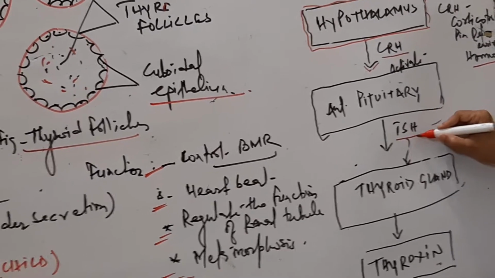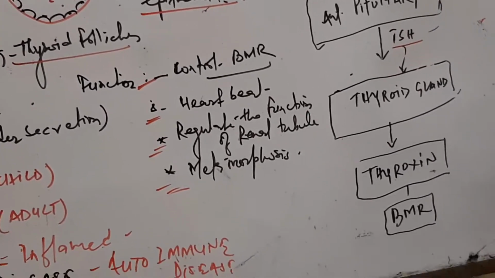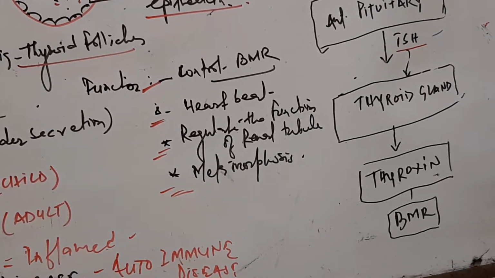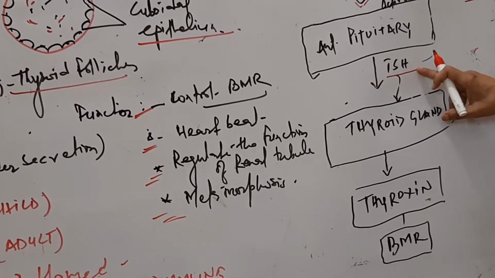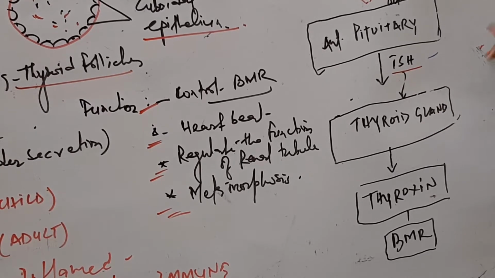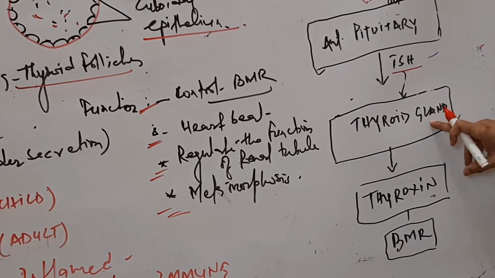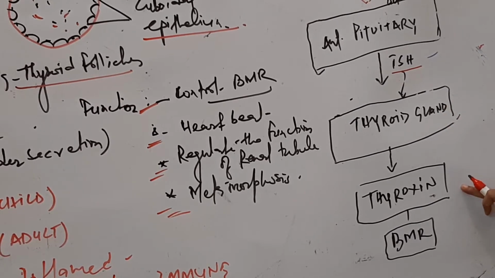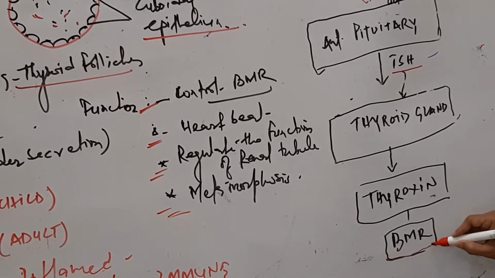TSH acts on the thyroid gland, which is situated in the neck region and is a bilobed gland. TSH activates the thyroid gland, and thyroxine is produced in the thyroid follicles. Thyroxine controls BMR, the basal metabolic rate.